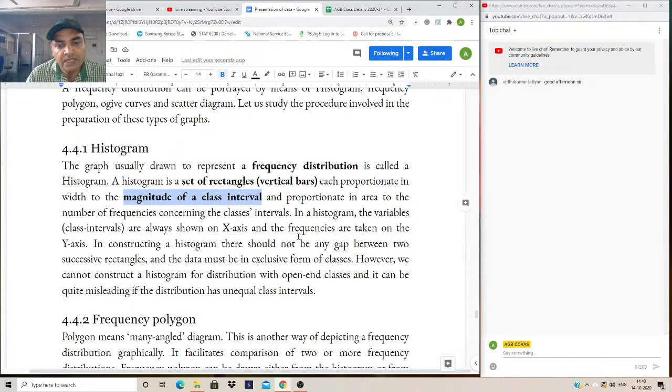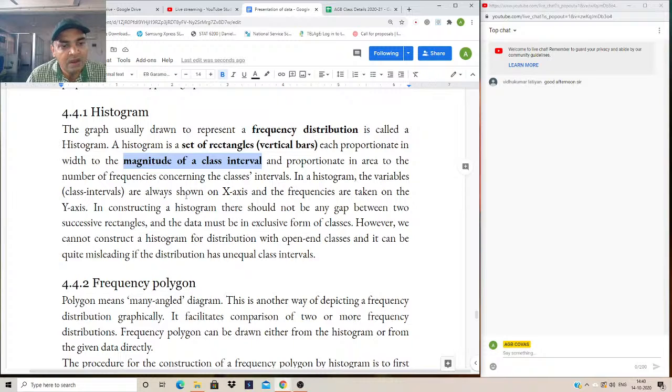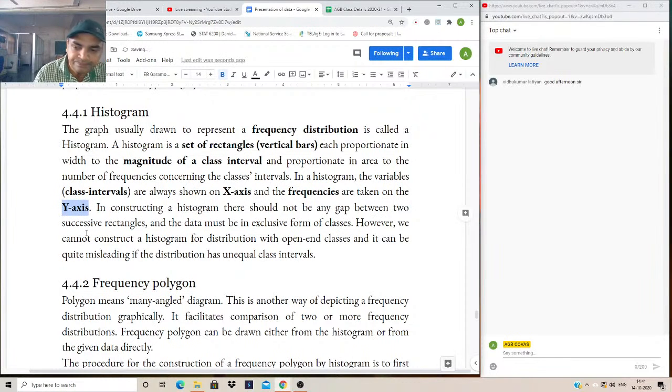So in a histogram, the variable class intervals are always shown on the x-axis, whereas the frequencies will always be shown on the y-axis.